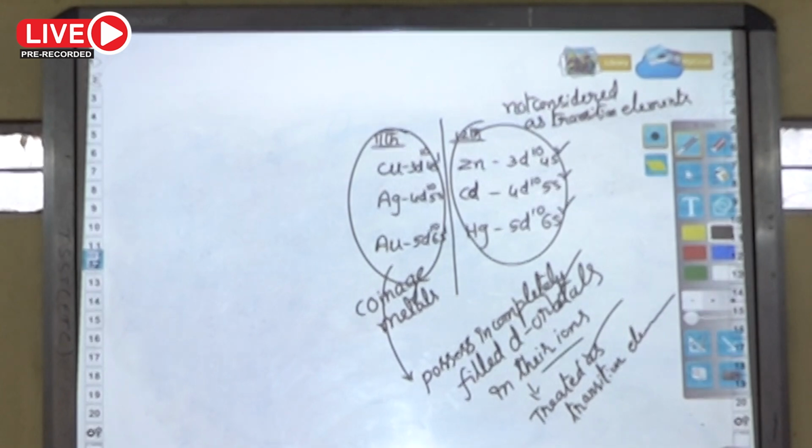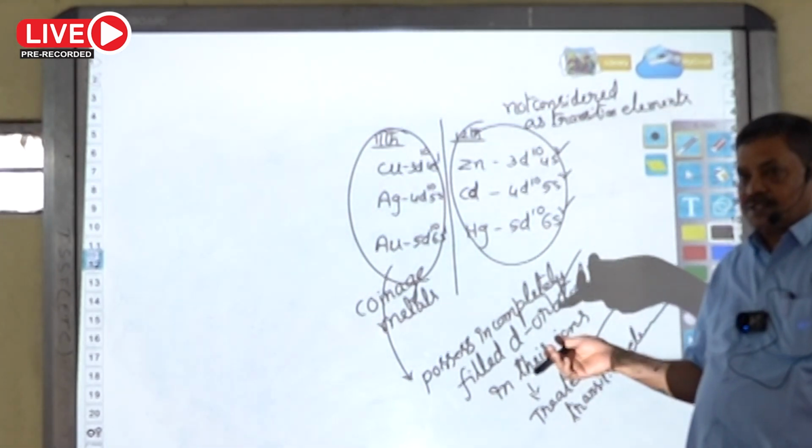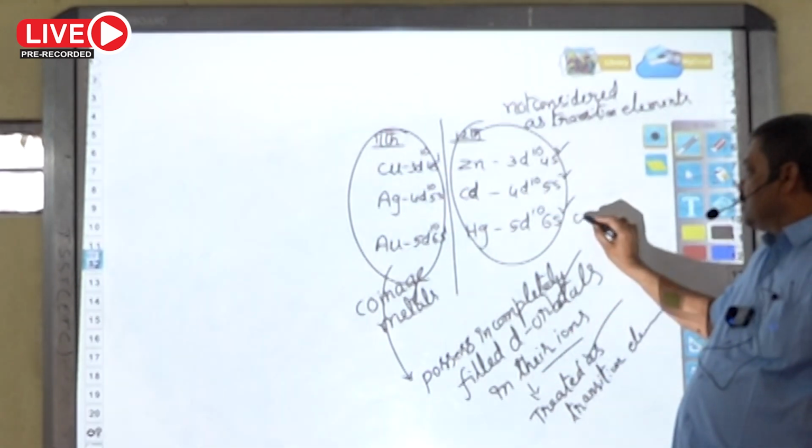Suppose I give 3 elements as a set and ask which set does not represent transition elements. Your answer is zinc, cadmium, mercury. Copper, silver, gold are treated as transition elements because in their stable oxidation states, just now we discussed the cupric ion, Cu2 plus.